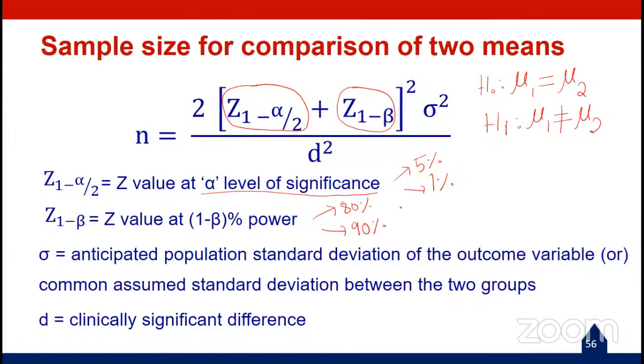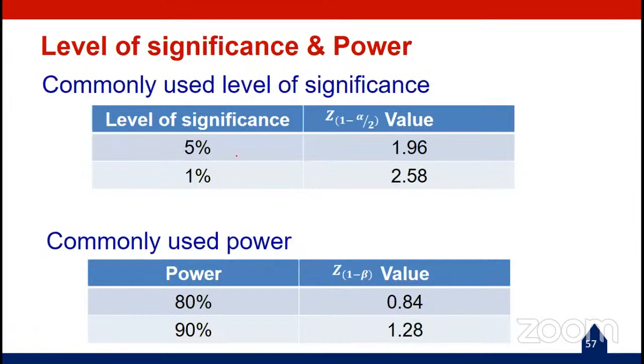You might ask why 5%, 1%, 80%, 90%, because this is the combination which gives maximum sample size. Z value at 5% level of significance is 1.96. Z value at 1% level of significance is 2.58.